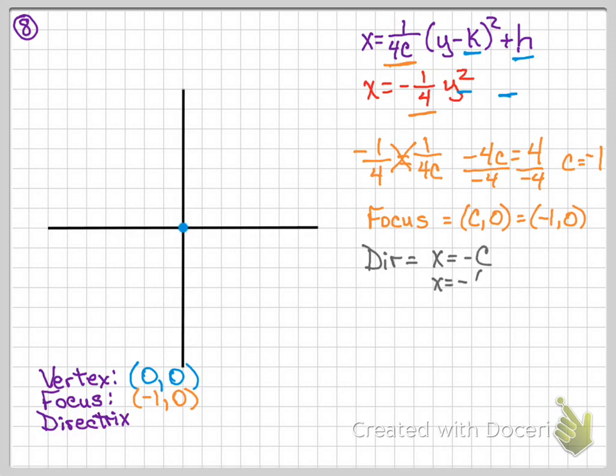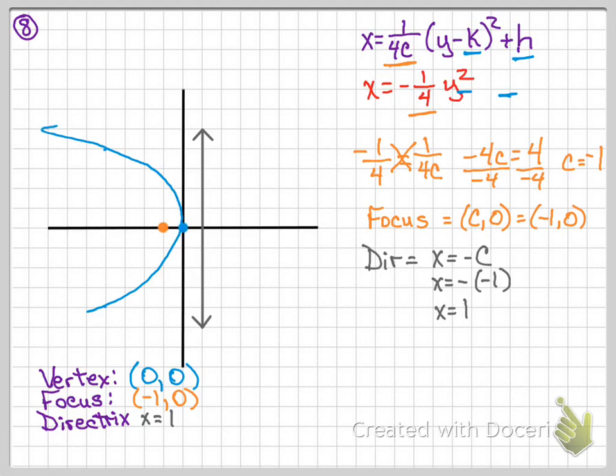So x is the negative of -1, so x is equal to 1. You see the vertex in blue, the focus in orange, and the directrix in gray. Sketching a rough graph, it opens to the left.